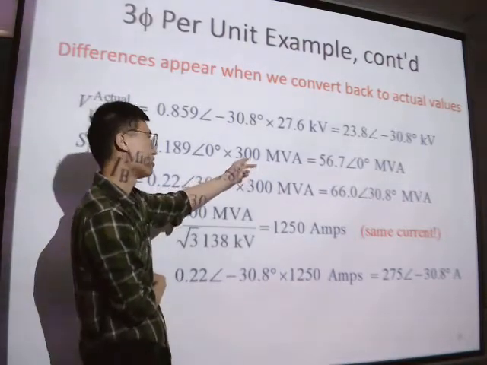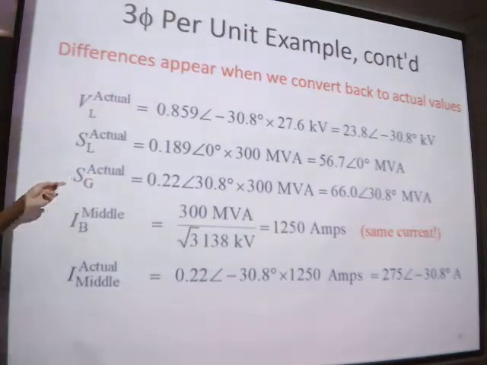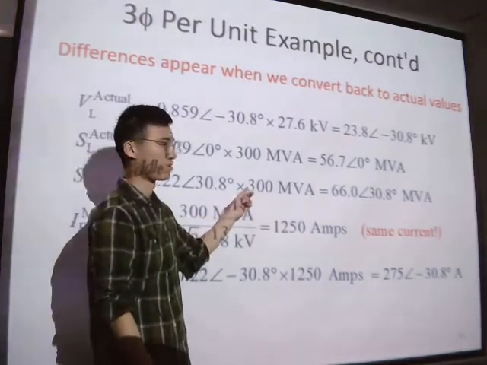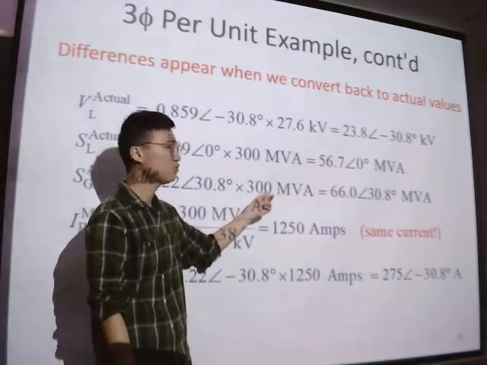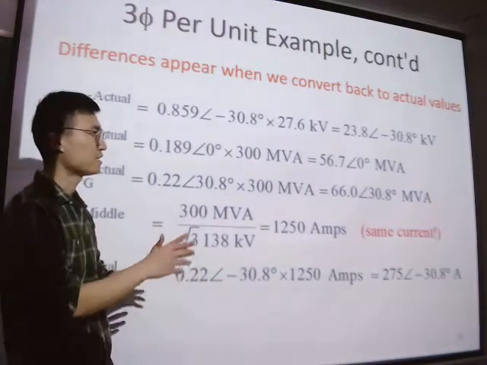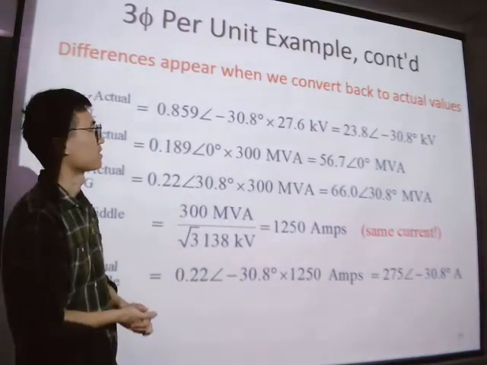Remember that in the three-phase system, for the base of the complex power you need to multiply by 300, because we use the base of the total complex power here.